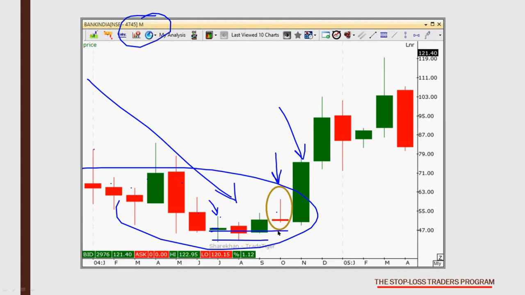So open here, close here, high here, right? So it gives me a green candle like this. But I'm taking that into consideration after the June candle close, right? So I'll have to include these 2 candles as well. So this is going to be like this.